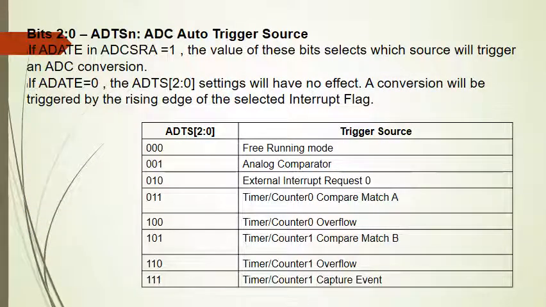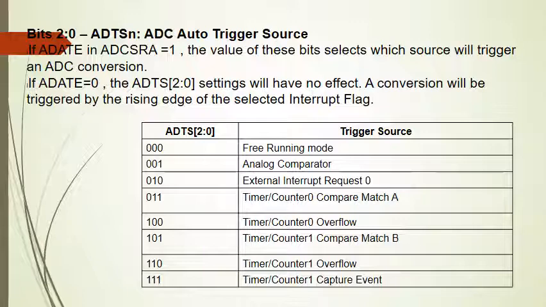Coming to the last three bits of the ADC status and control register B, these three bits are the ADC auto trigger source. What does it signify? It signifies that these three bits will decide which source will be acting as a trigger for the analog to digital conversion. Suppose we write 011, it simply means, from the table, that the timer or counter compare match A output will be used as the trigger source.